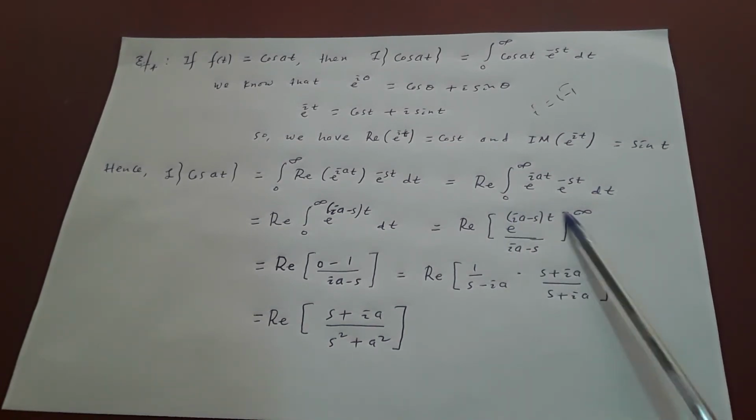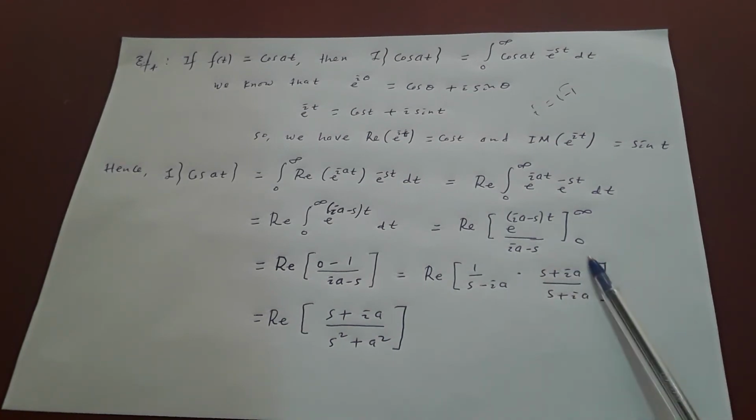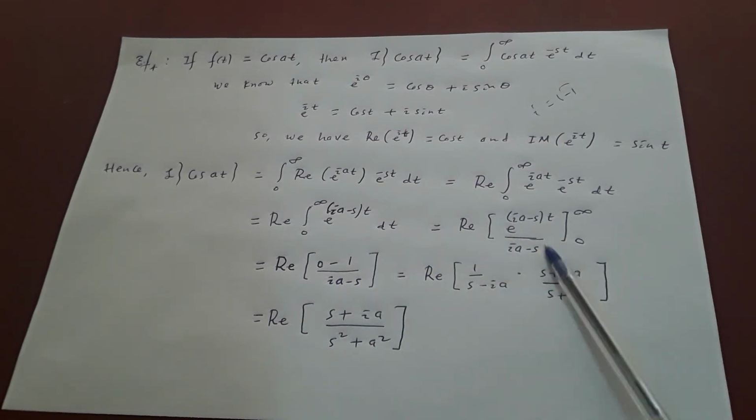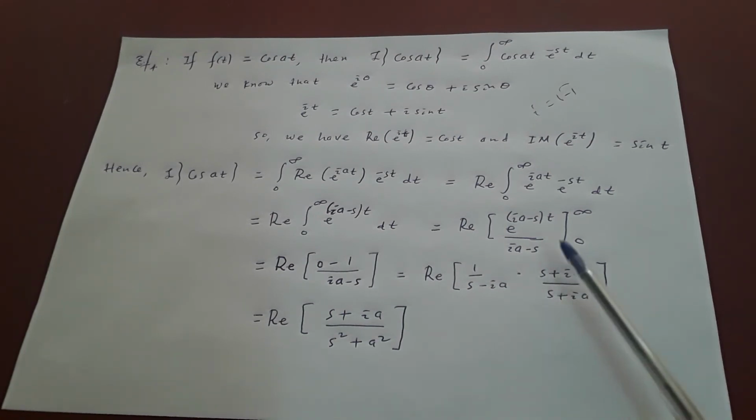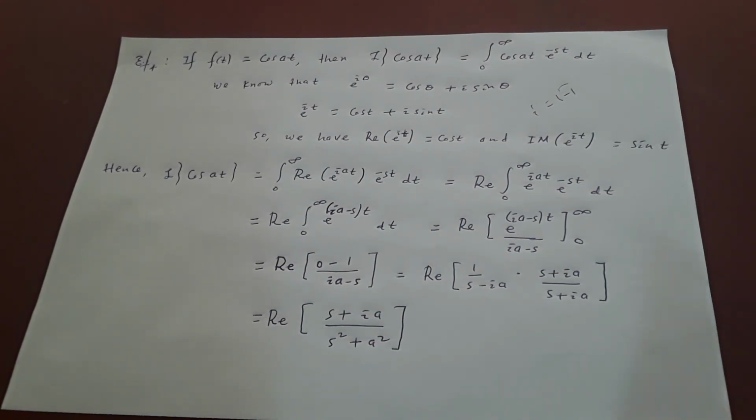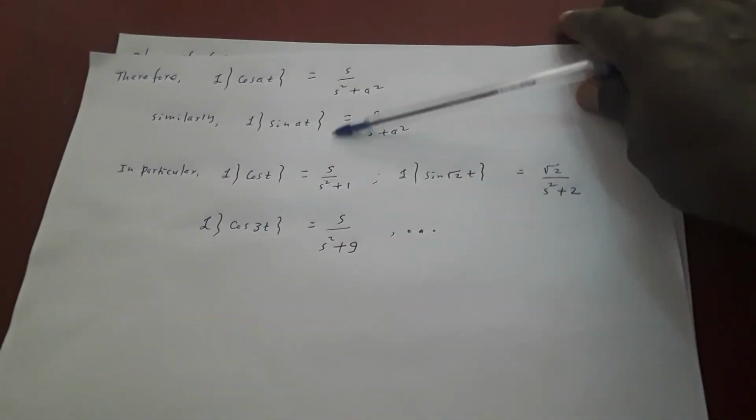At infinity, this is 0. At 0, it is 1 over (s minus ia). We multiply by its conjugate, s plus ia, so we have s plus ia over s squared plus a squared.